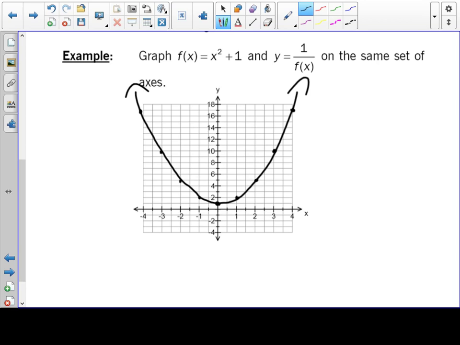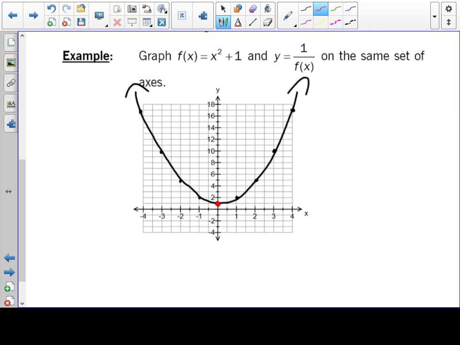It is hard to see. There's no asymptotes because there's no zeros. But the next thing you would do is ask, is there a point where y equals 1? And sure there is. It's right here, where the vertex of the parabola would be.